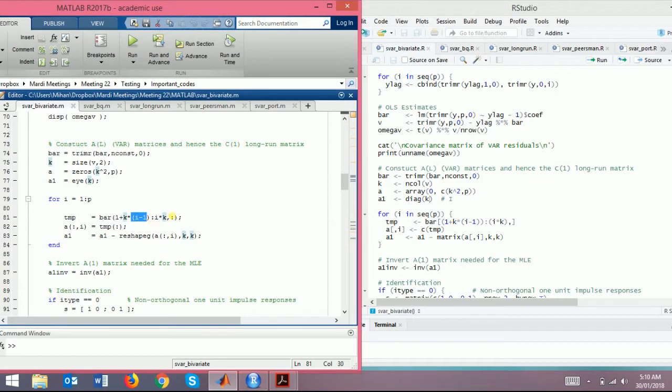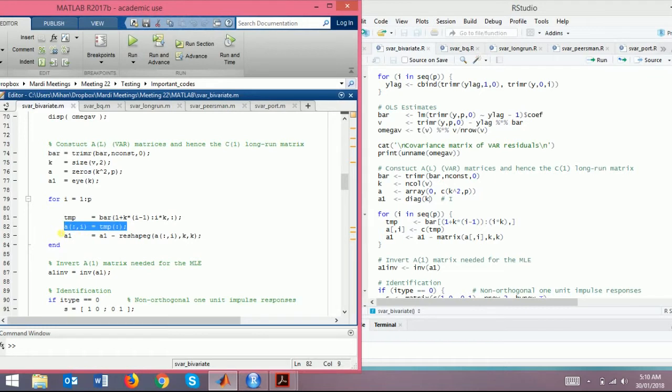I minus 1 is the lag parameter, y(t minus 1) till y(t minus i). So phi 1 y(t minus 1) till y(t minus i), into k, number of lags, multiplied to i: k into (i minus 1) and k into i. That's the thing: 1 plus k(i minus 1) till k times i.